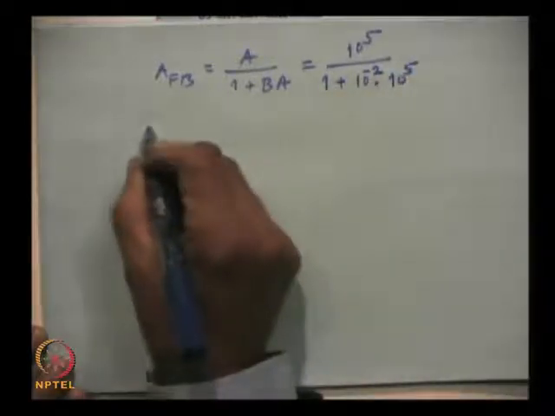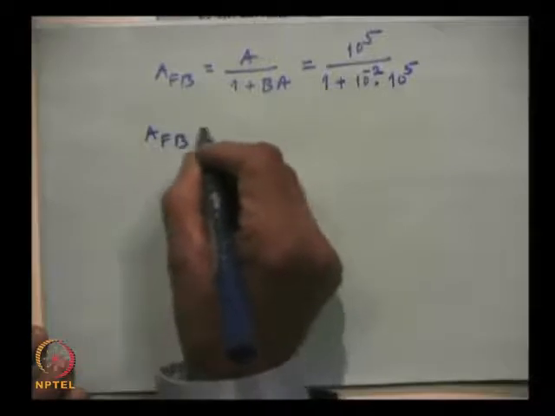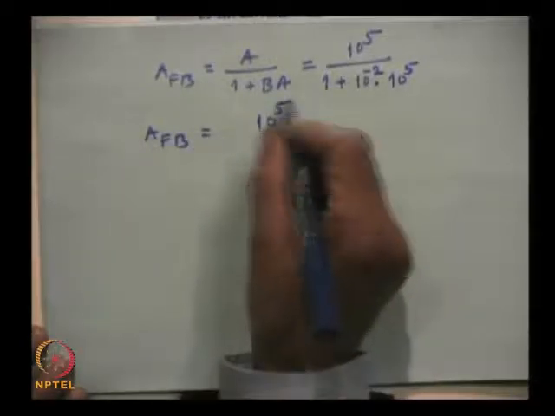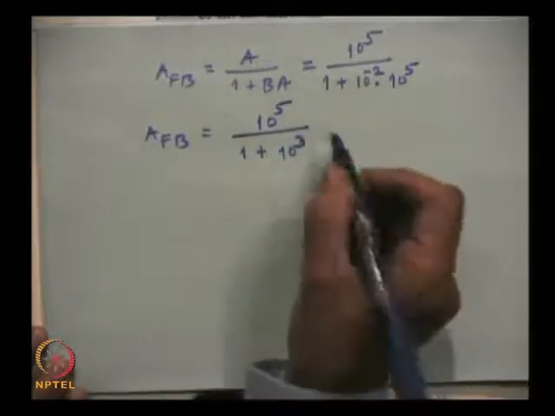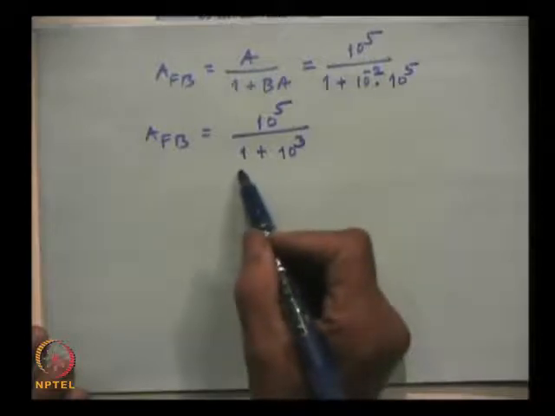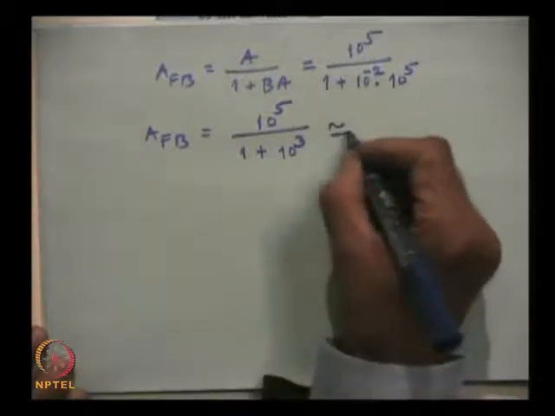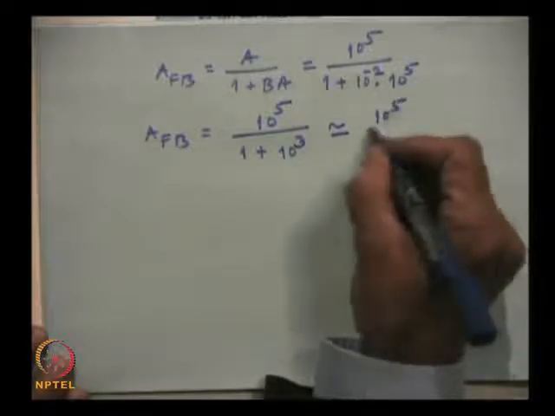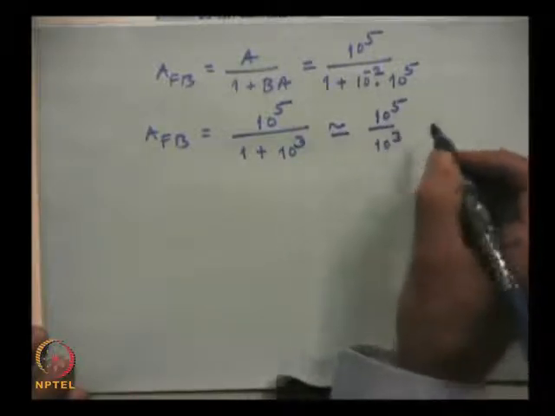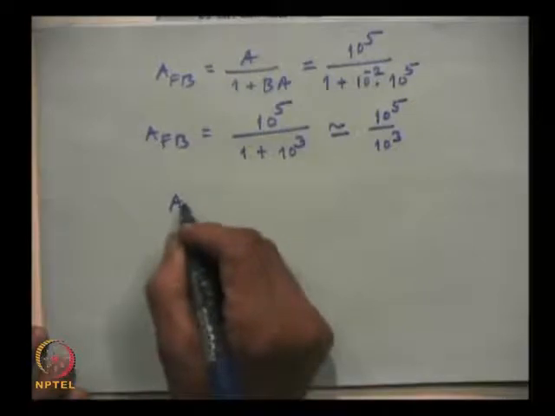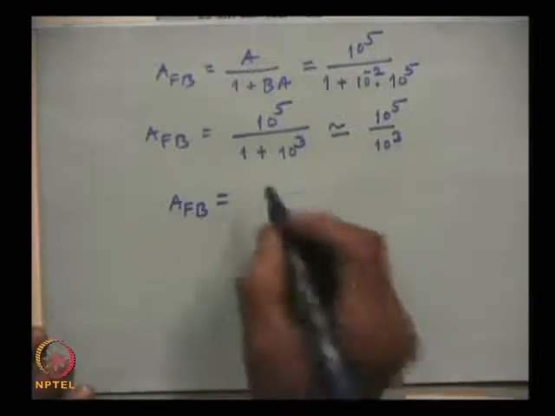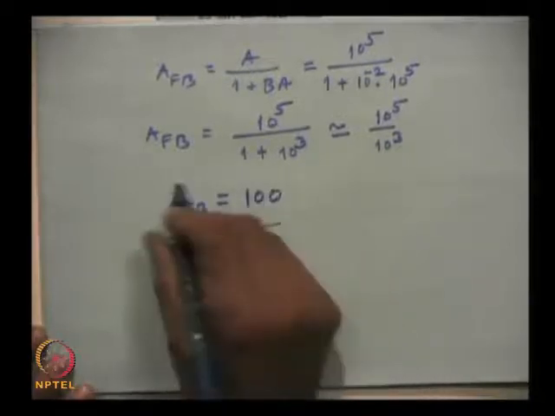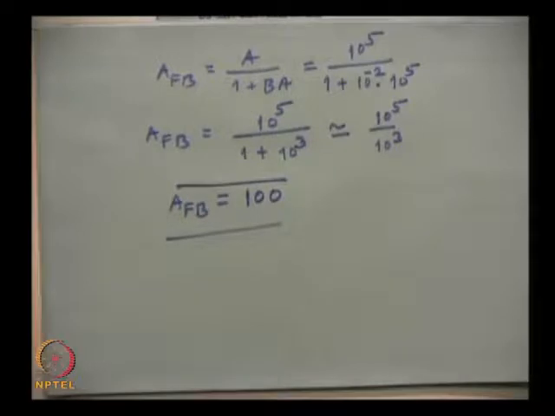So AFB is equal to 10 to the power 5 by 1 plus 10 to the power 3. Obviously we can neglect 1 easily, so it is equal to 10 to the power 5 by 10 to the power 3, which gives the closed loop gain as equal to 100.